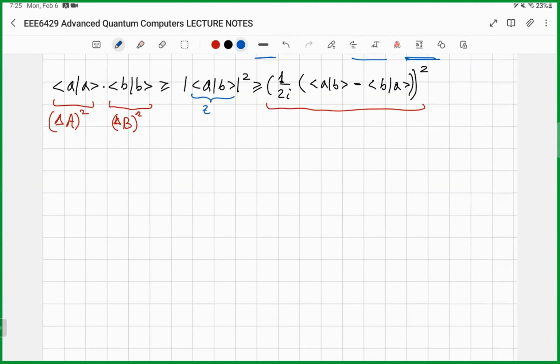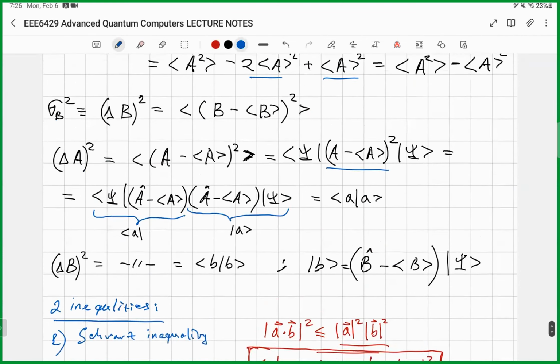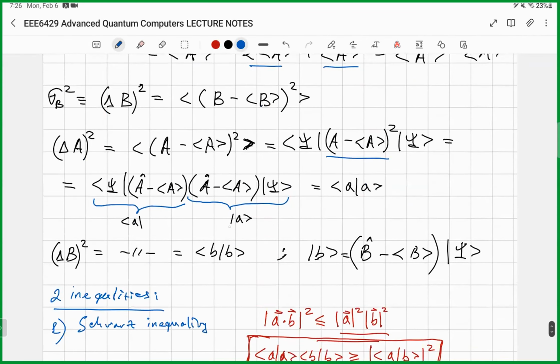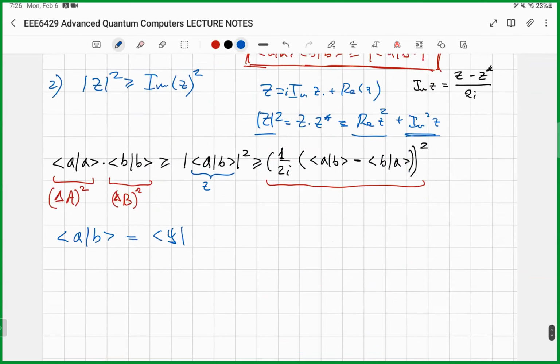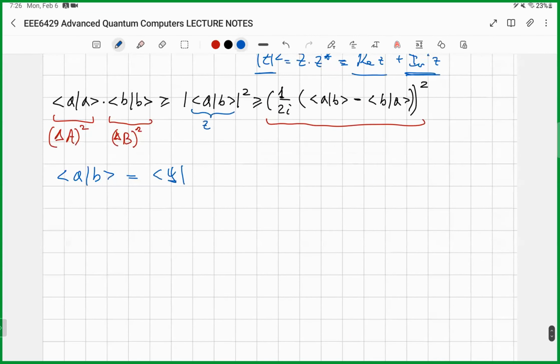So let's go ahead and find this A times B. For the A times B, I recall that my A is the psi vector, right? We introduced this notation here. So it is psi, then operator A minus expectation value, right?